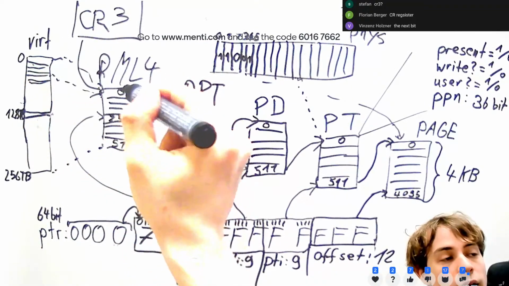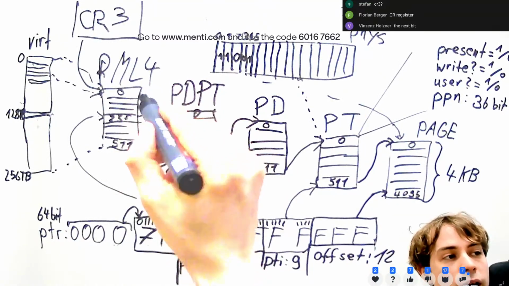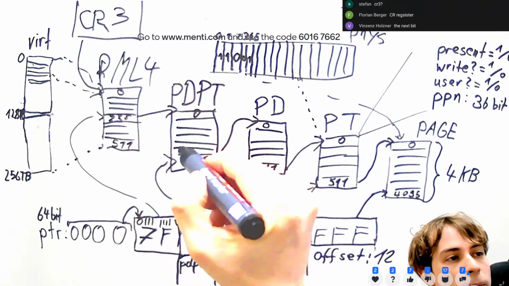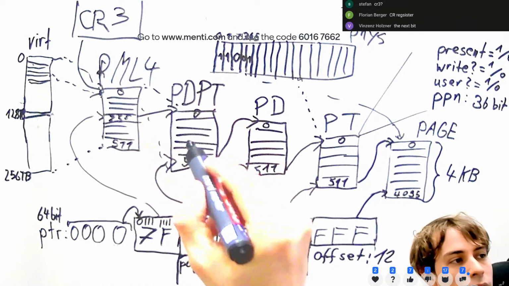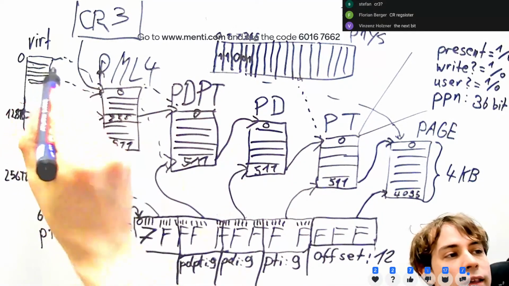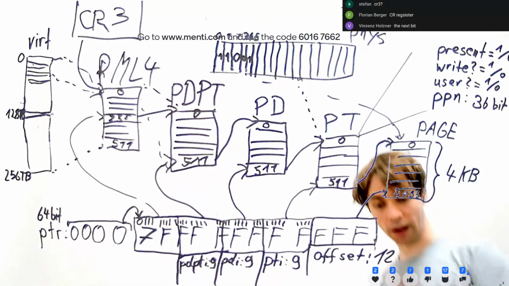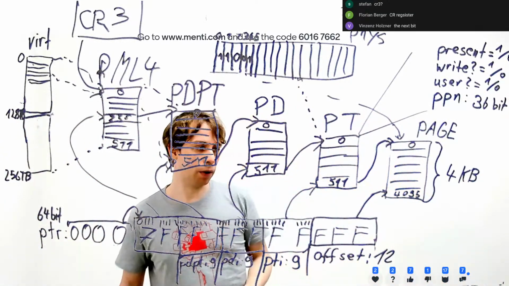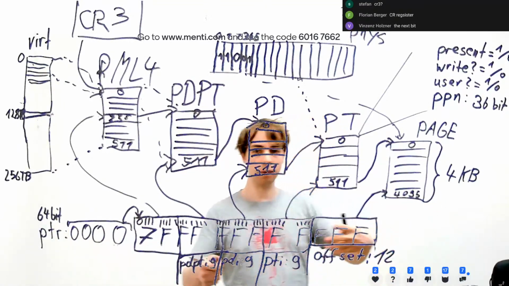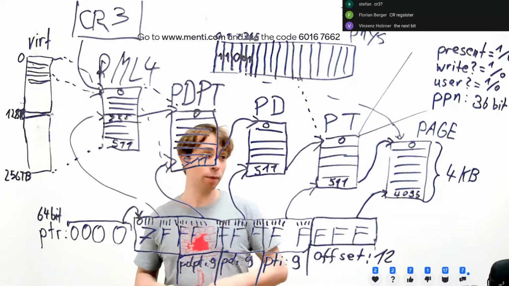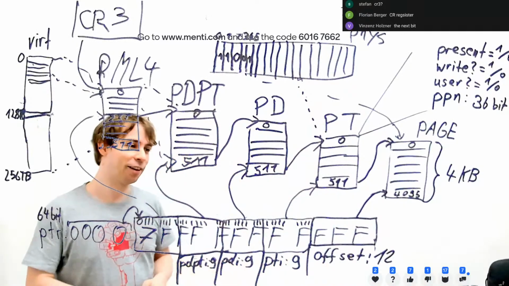So this is the first 512 gigabytes of our virtual address space, and they will go to one page directory pointer table. So this goes here. So if we have an address here, it would go maybe in the first entry here and in the second entry here, something like that. So you can just imagine this as like in school, this millimeter, centimeter ruler. Just imagine it has more layers, like for meter and kilometer as well. Okay.